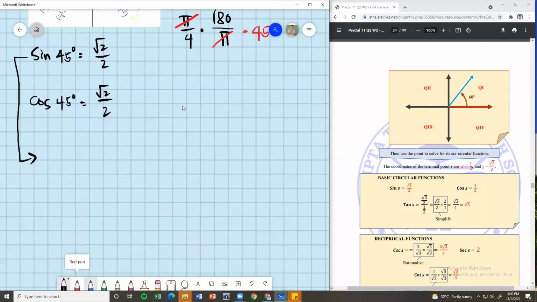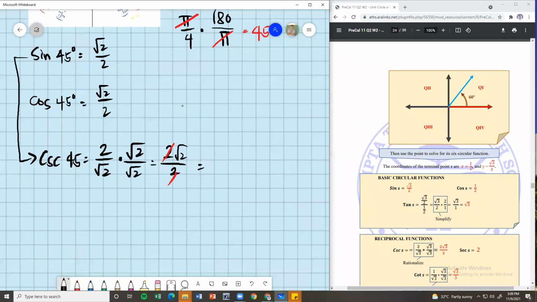Next. Your reciprocal function. The reciprocal function of sine is cosecant of 45, and that becomes 2 over the square root of 2. So therefore, bawal ang square root sa ilalim. Rationalize whatever is in the denominator, you multiply. So that becomes 2 square root of 2 over 2. Kasi square root of 2 times square root of 2 is just 2. Simplified na yun agad.